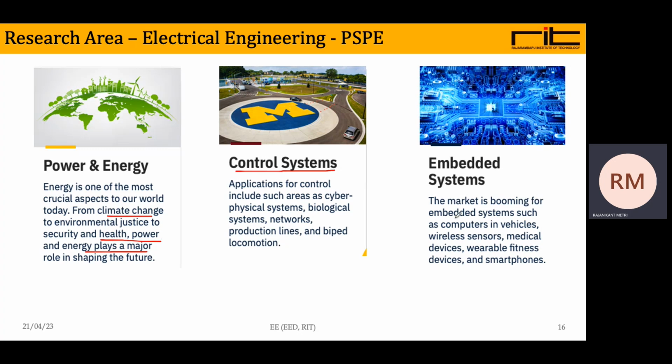Today's market is booming with embedded systems, in computers, mobiles, vehicles, the advanced systems in conventional vehicles and e-vehicles, wireless sensors, medical devices, wearable fitness devices, smartphones, and many more. Everywhere we observe embedded systems, and this is again a scope for research.